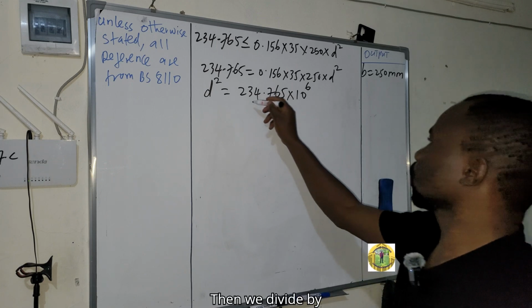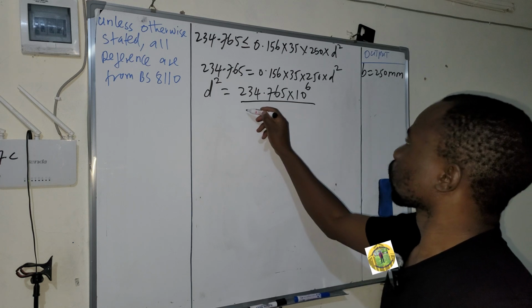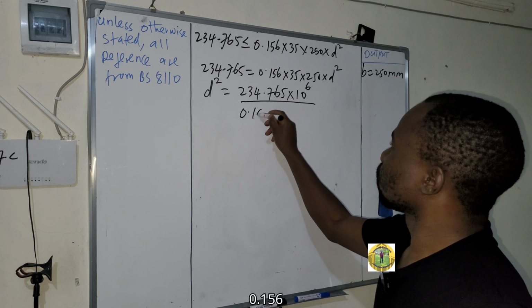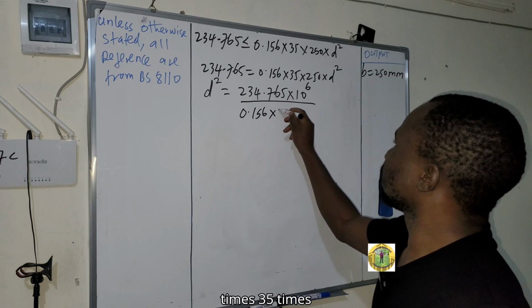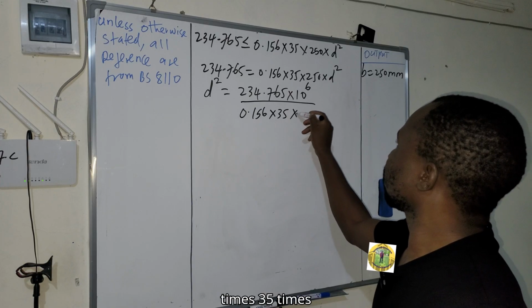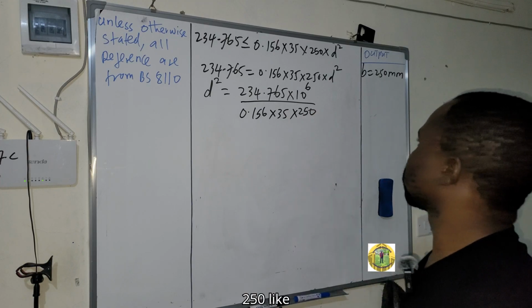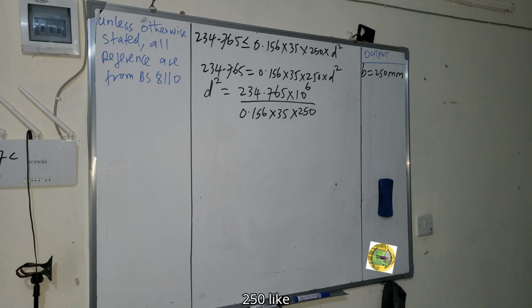Then we divide by 0.156 times 35 times 250.